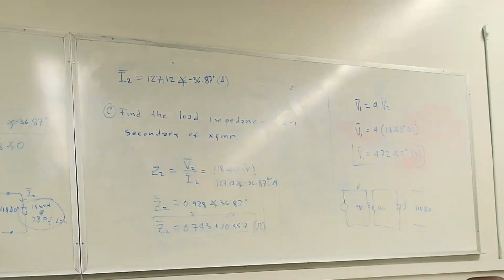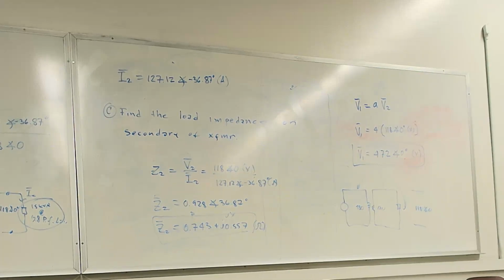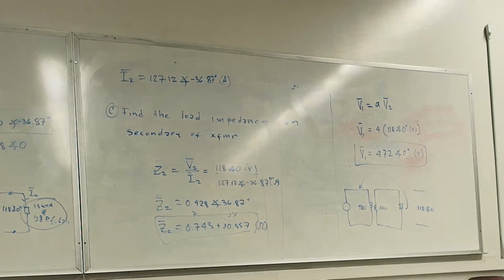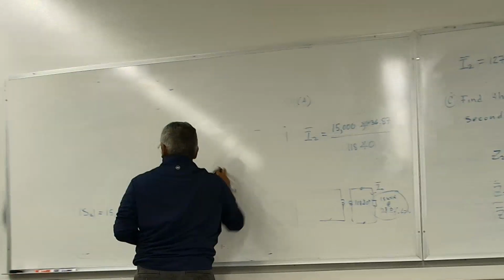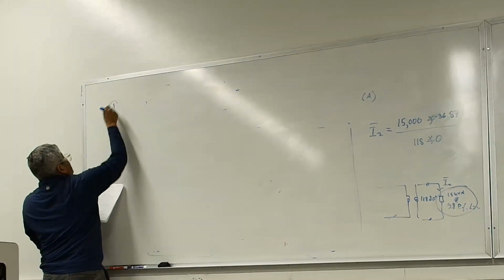We just did it. Let's do it again. The formula for that is, D, I'm going to say D.